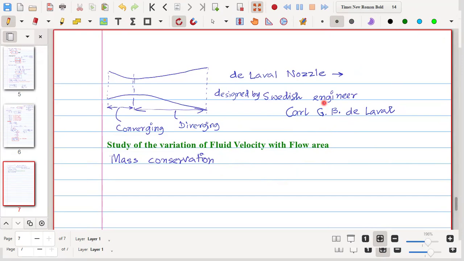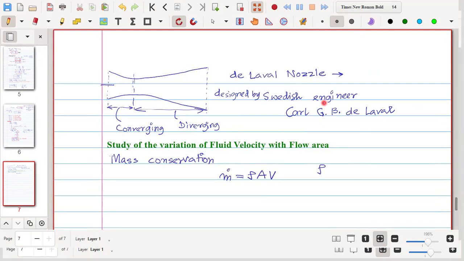If we try to understand the mass conservation at any section in a duct, the mass flow rate is equal to rho A into V. So rho into A into V. So rho is the density.